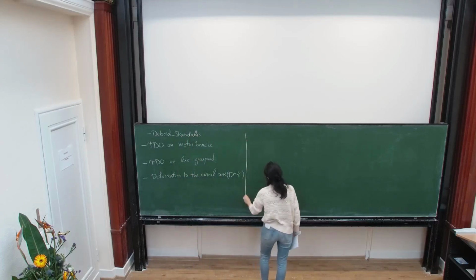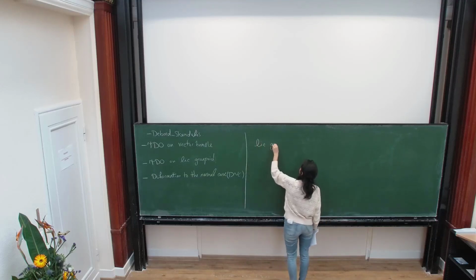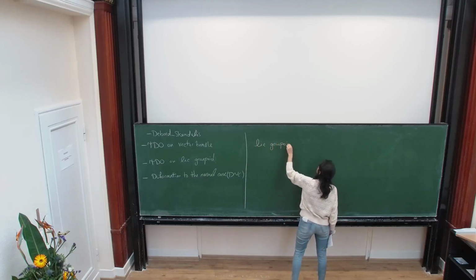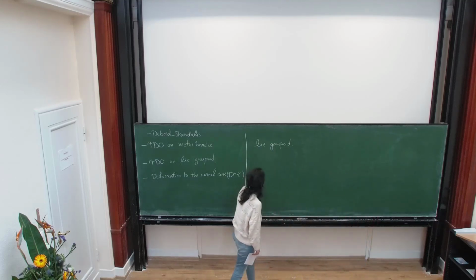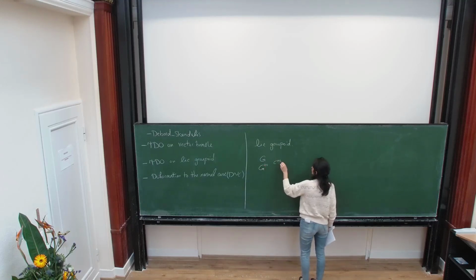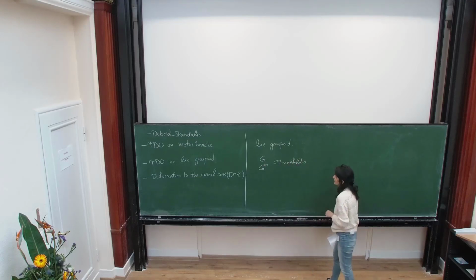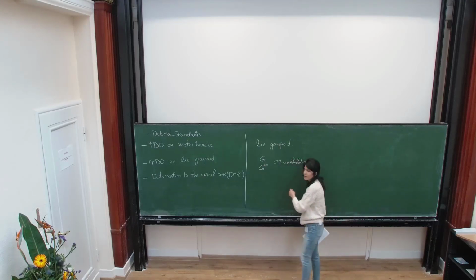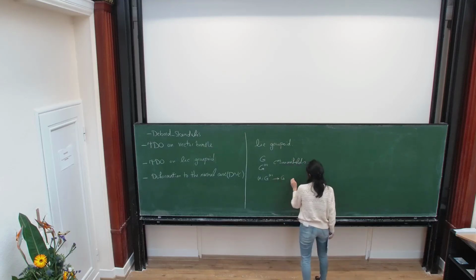So, first of all, what is a groupoid? A groupoid has a space of arrows, G, and a space of objects, G0. Those are finite-dimensional manifolds. And we can identify objects as arrows in G, with the map from G0 to G being smooth.